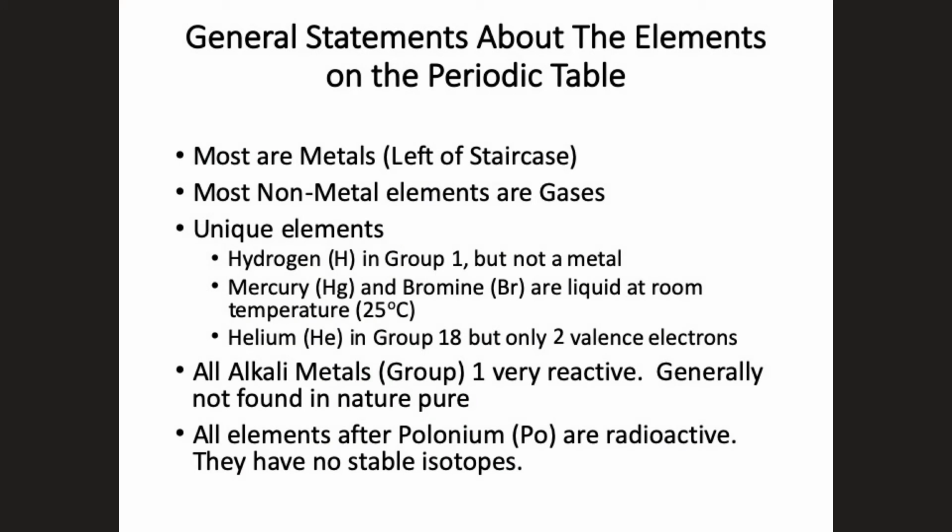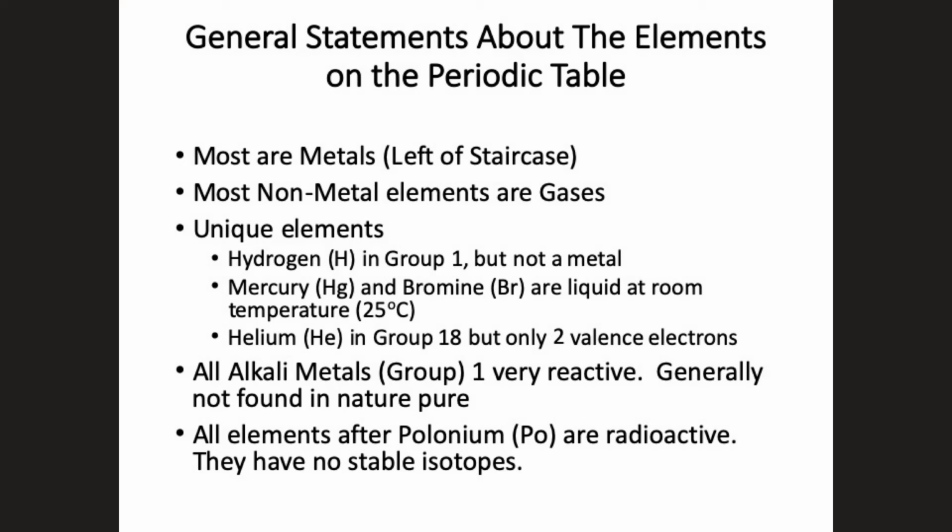So here's a recap of all the things I just talked about. Most of the elements are metals. They're left of the staircase. Most nonmetal elements are gases. They are unique elements on the periodic table. Hydrogen is in group 1, but is not a metal. Mercury and bromine are liquid at room temperature.